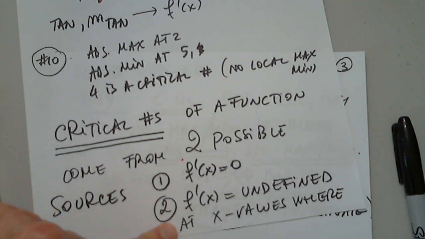So this is a critical number, coming from the second source, f prime being undefined. This r is a critical number, the derivative is undefined, and it turns out that this critical number, x equals r, is turning into a relative max. And it's coming from the second source because the derivative is undefined.